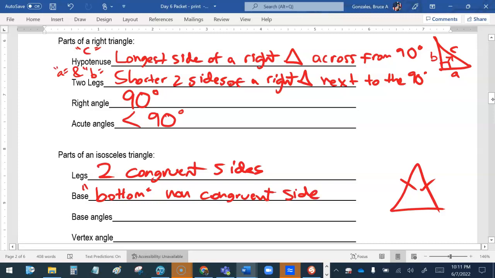Base angles are going to be two congruent angles, and they're across from the two congruent sides.